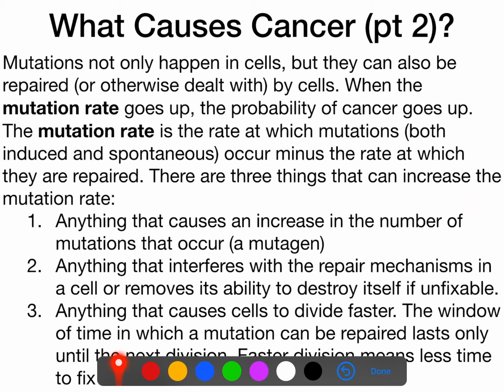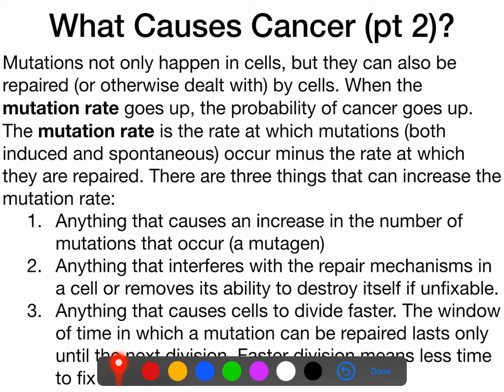So nicotine, of course, is found in cigarettes. It binds to repair enzymes and inactivates them. So you do not fix as many mutations. That means if you're making the same mutations and you're fixing fewer of them, more mutations are going to get through. The mutation rate goes up. The cancer rate goes up.